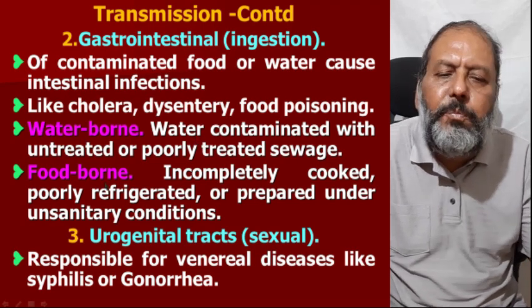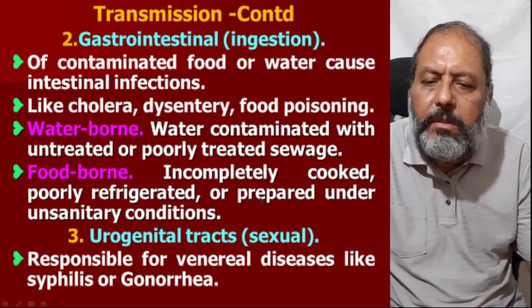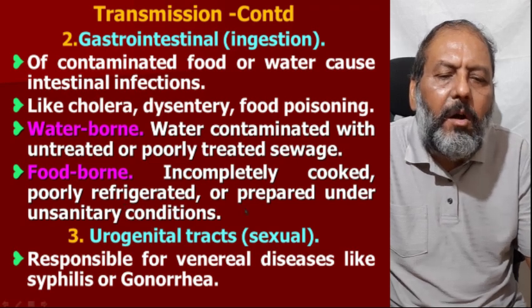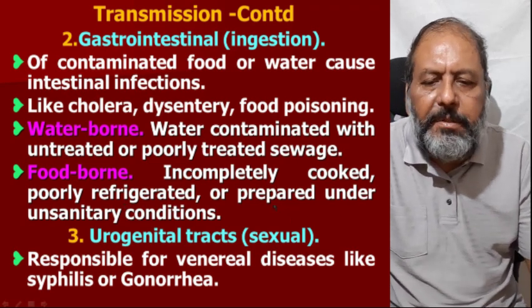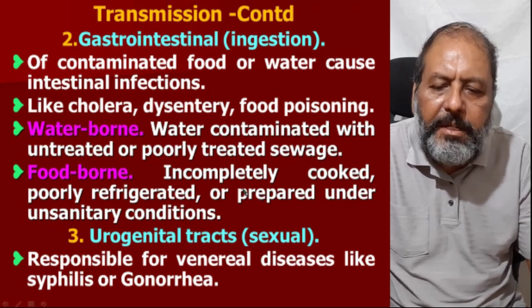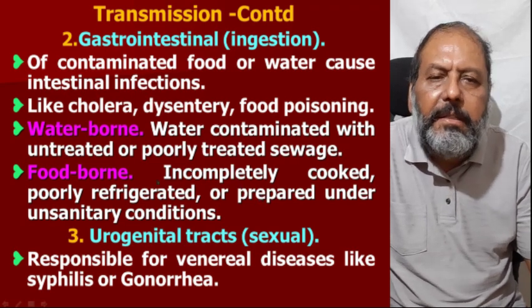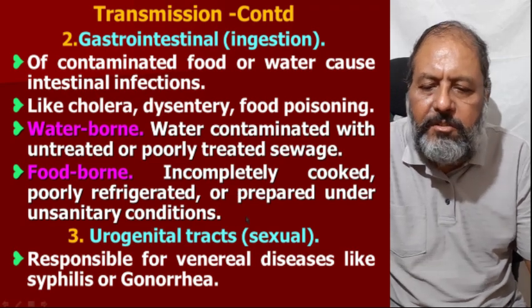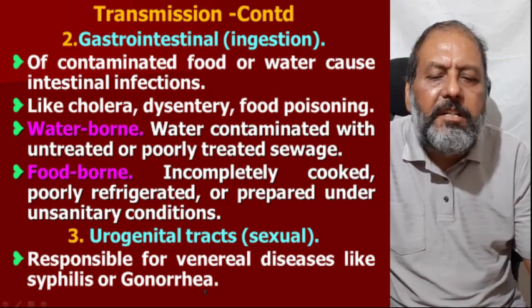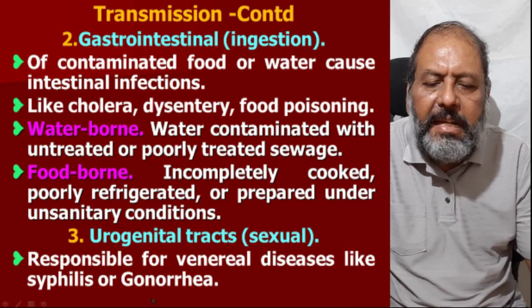The other is foodborne: incompletely cooked, poorly refrigerated, or food prepared under unsanitary conditions can be responsible for transmitting through ingestion. Then third is the urogenital tract, that is the sexual tract, responsible for transmitting venereal diseases like syphilis or gonorrhea.